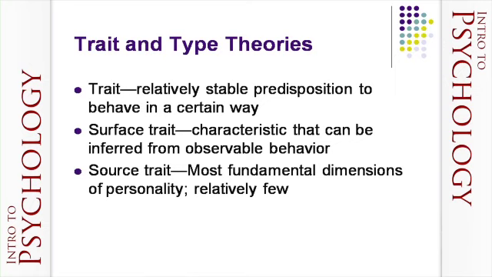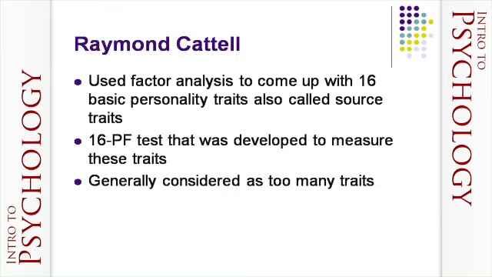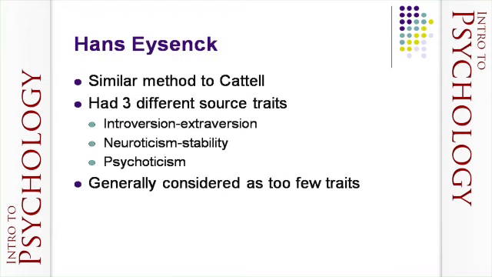But anyway. Then we have theorists on trait theory: Cattell, Eysenck, and Costa. Cattell used factor analysis to come up with 16 basic personality traits, 16PF. You already saw it, so I don't have to explain. Then Eysenck: only 3 different source traits, but it is considered too few traits. That's why it came with the 5-factor model.